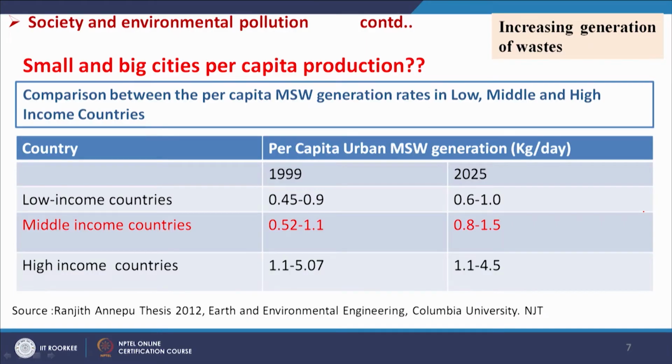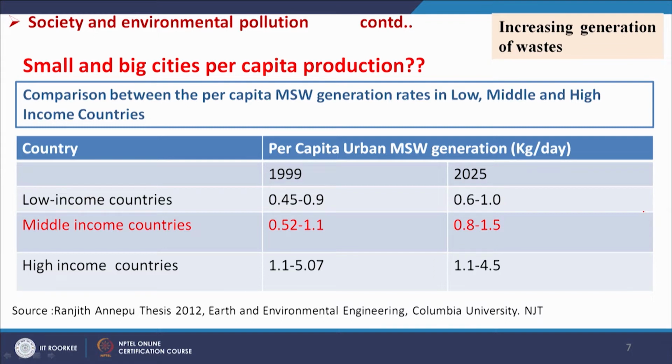And we see the economic development influences the waste generation. This table shows us some information, that is low income countries, middle income countries, high income countries have the per capita urban MSW generation increased during past few years 1999 and it is predicted in 2025.